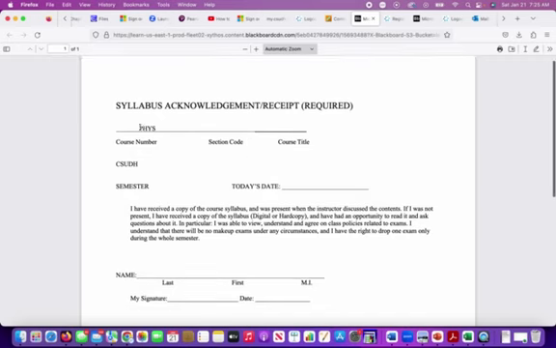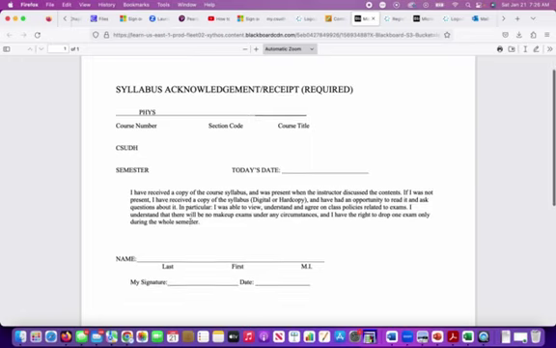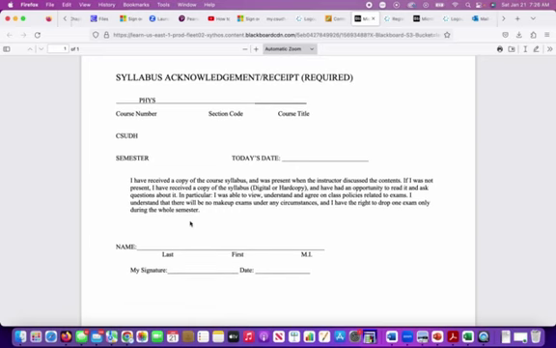Now you are going to state here which course, Physics 120, section 40, course title, Elements of Physics 1, today's date. I have received a copy of the course syllabus and was present when the instructor discussed the contents. If I was not present, I have received a copy of the syllabus, digital or hard copy, and have had an opportunity to read it and ask questions about it.